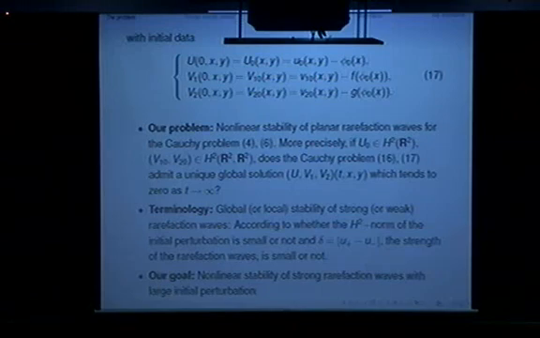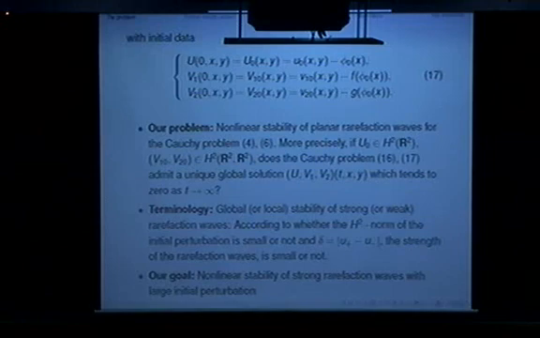If this holds, then the u, v₁, v₂ of our original problem tend to r, and f_r and g_r. So this shows the nonlinear stability of the planar rarefaction wave solutions.